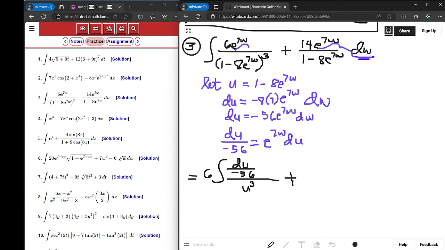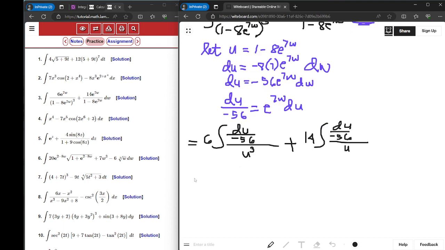Then plus, that's 14 times the integral of du over negative 56 over u.